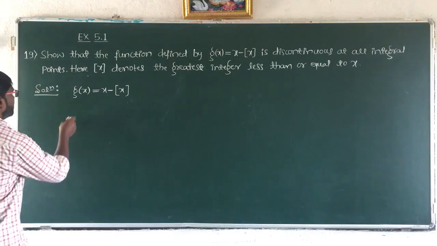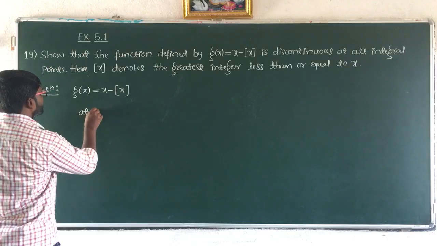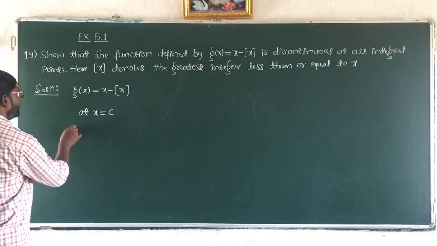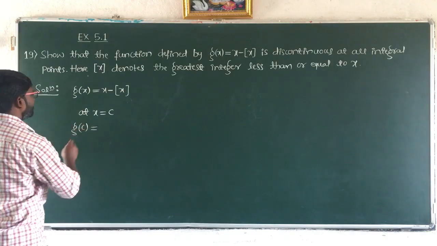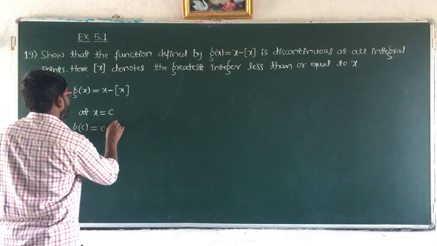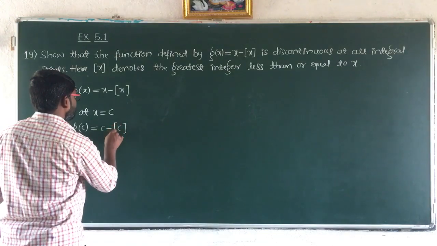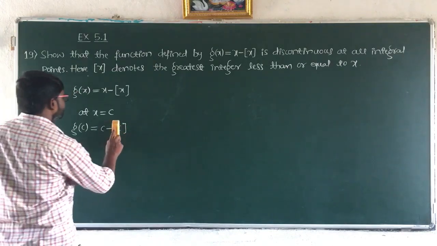So, now say here at x which is equals to c, g of c which is equals to c minus greatest integer c. So, what do we get now?